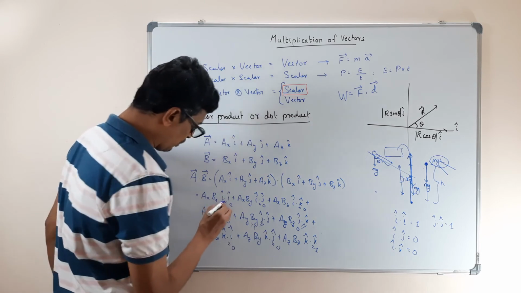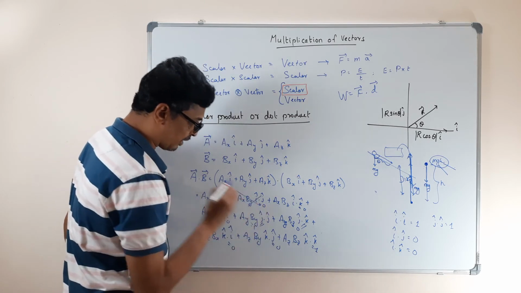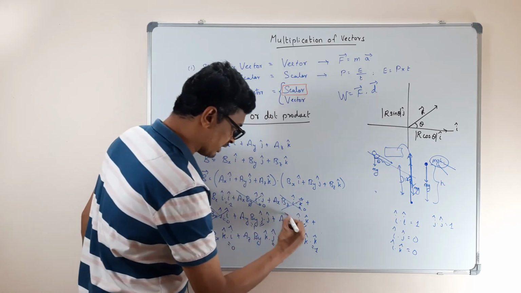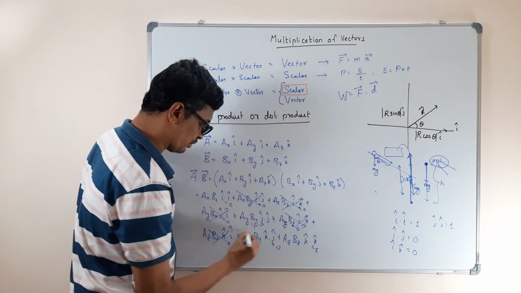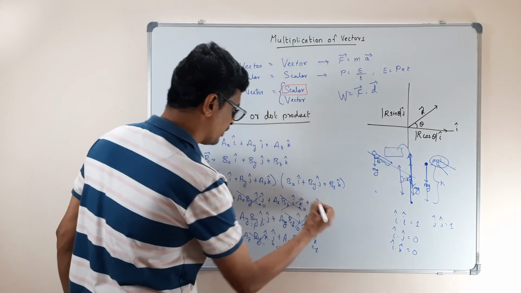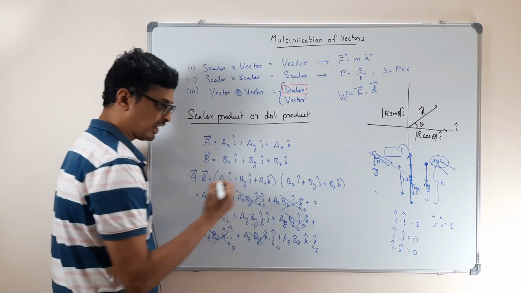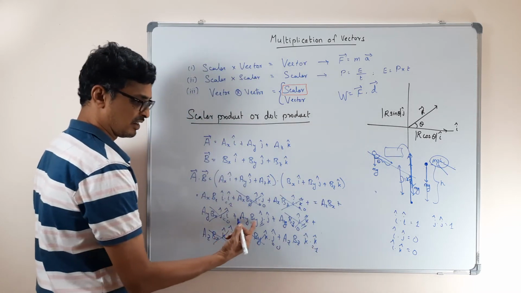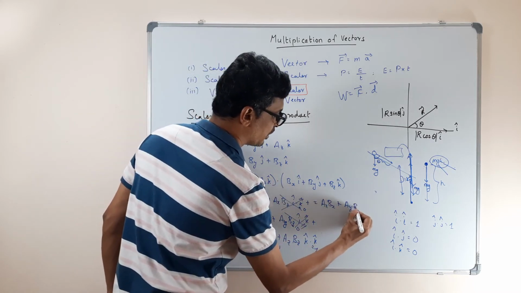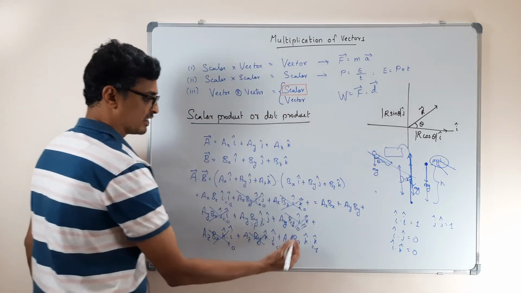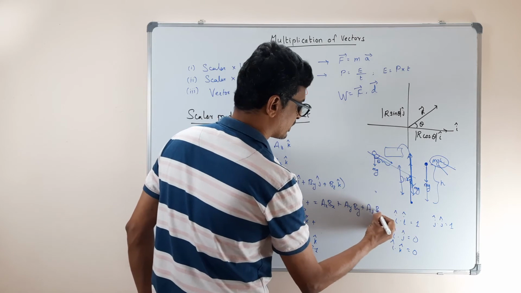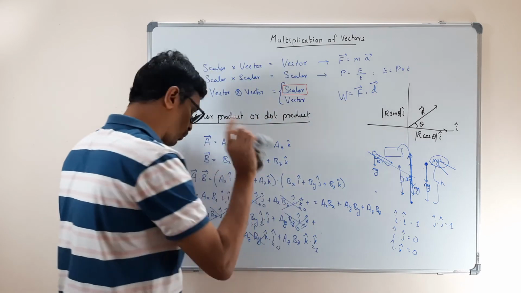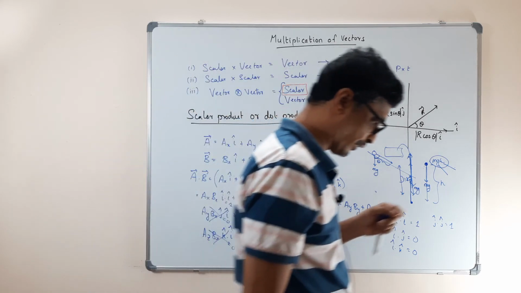The 0 terms will go off, and only the 1 terms remain. So finally what do you get? Ax Bx, this is 1, correct? So Ax Bx plus Ay By plus Az Bz. That is the scalar product of two vectors when you resolve them along the x, y, z axes, the i, j, k axes.